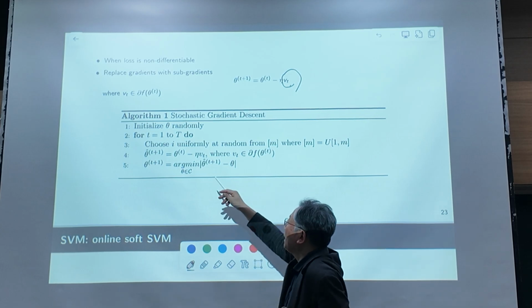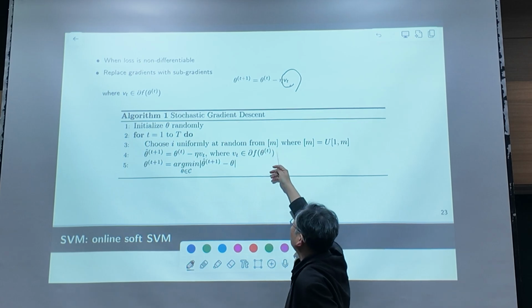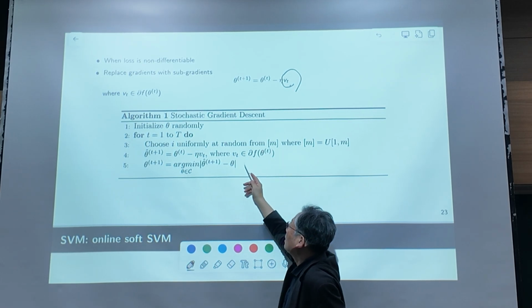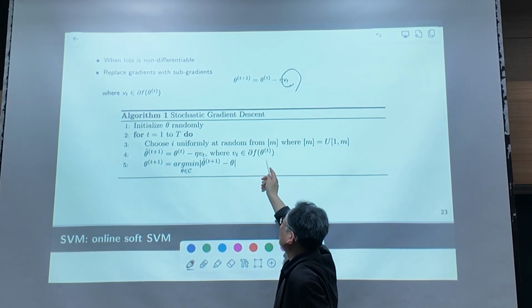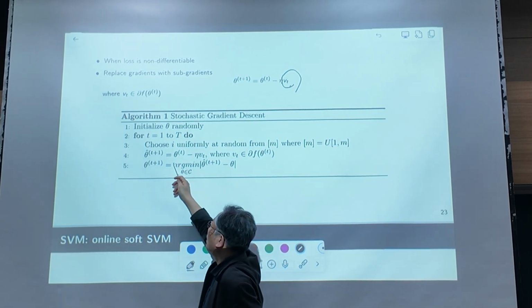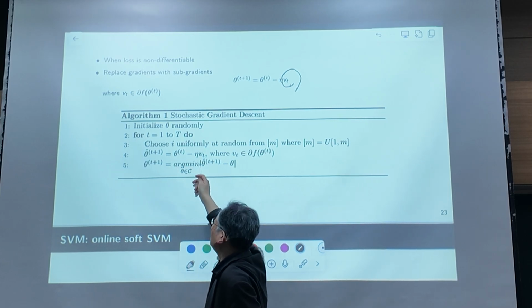Okay, uniformly means just pick any data, and then you take the subgradient, and then you do an update by going in the negative direction of the subgradient.